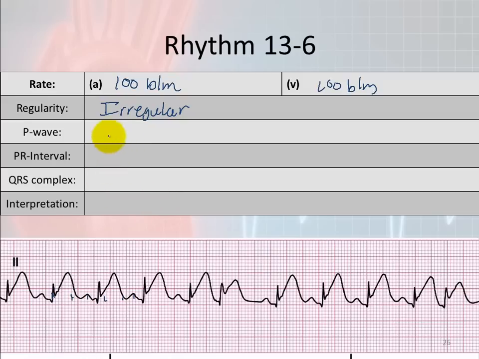P waves are present and married when they're there, except in the PAC. The PR interval is kind of tough to tell from here to here, so that looks to be about 0.20 second.